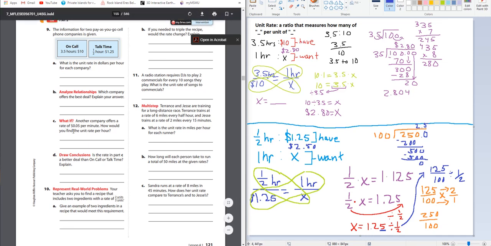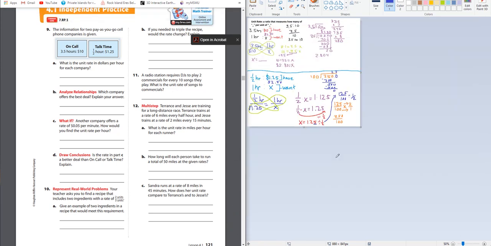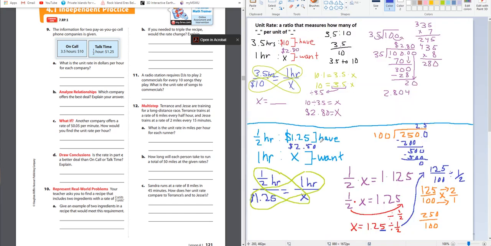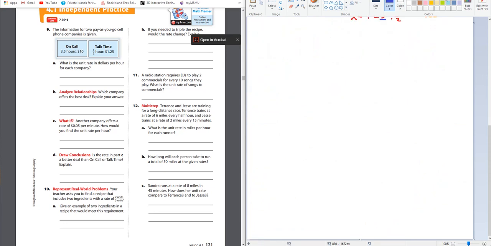And then another company offers a rate of 5 cents per minute. How would you find the rate per hour? Okay, well, let's do another one. Let's do this one in green.